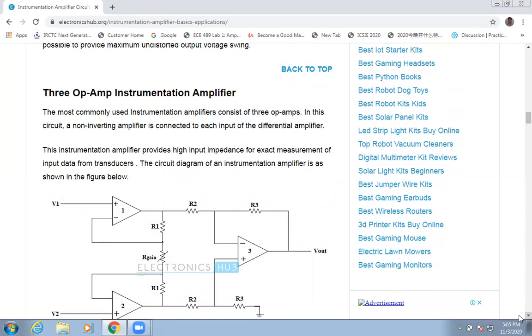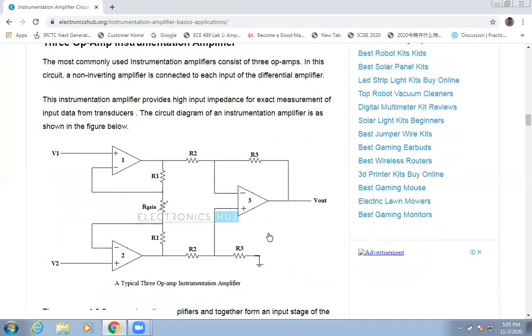The circuit diagram of an instrumentational amplifier using 3 op-amps is shown in the figure. Here, this is the input stage. This is the output stage of an instrumentational amplifier.